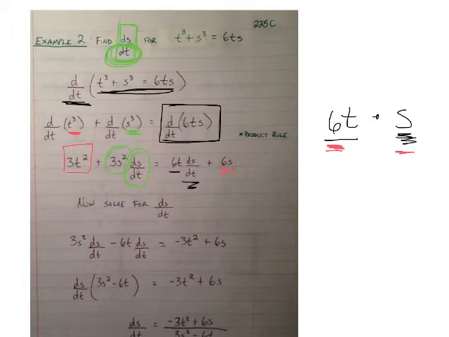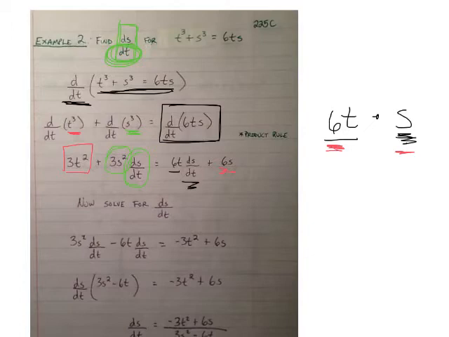Now the question asks us to solve for ds/dt. So now that we've taken the derivative, we're just rearranging to solve for ds/dt. We're going to take all of our terms that have ds/dt and put them on one side of the equation, and then we're going to take our terms that lack the ds/dt and put them on the other side.